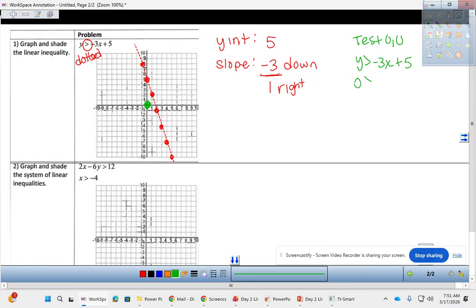So here there's going to be a 0, and here there's going to be a 0. So I end up with 0 is greater than 0 plus 5. 0 is greater than 5. That's not true, right? 0 is not greater than 5. So I'm going to find that point 0, 0, and I'm going to write false.